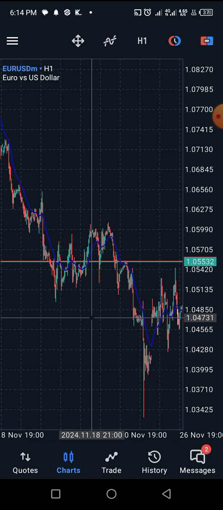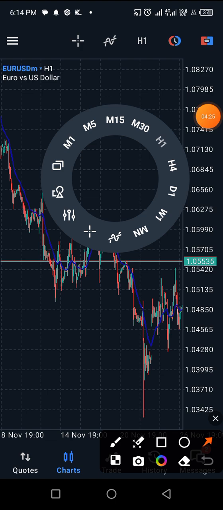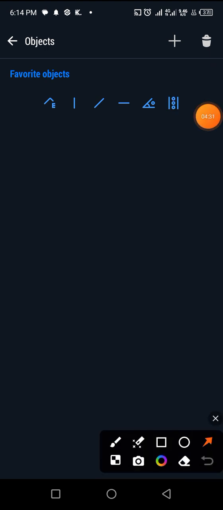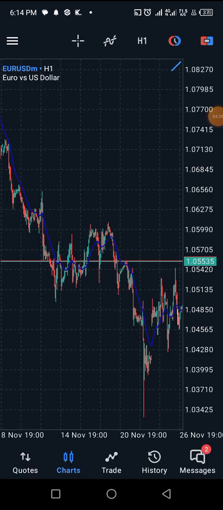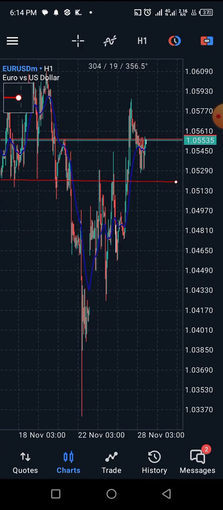The next thing you have to do is draw a trend line, tapping on your screen and using this tool. This is what I use for my trend line. Once you select it, you long hold and drag, dragging to the current price area.